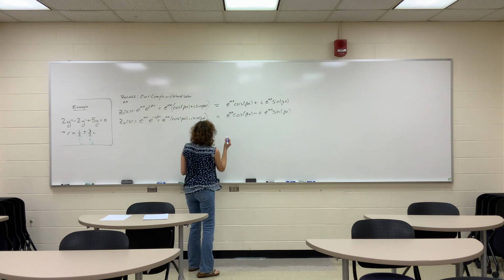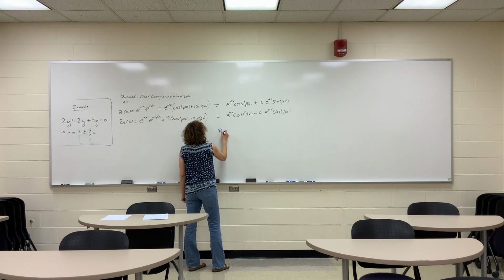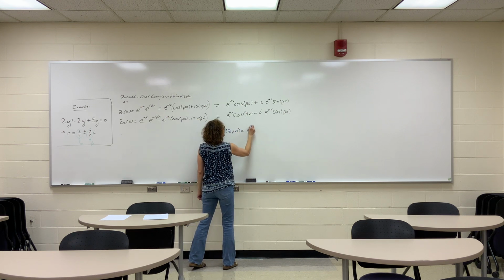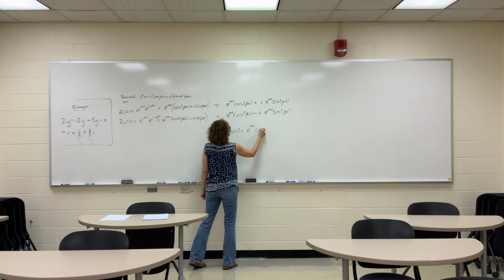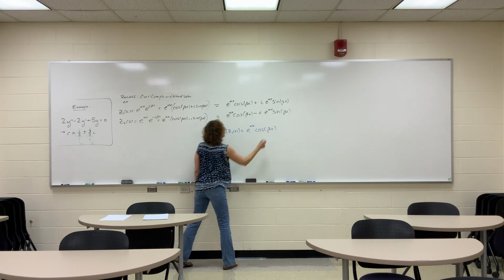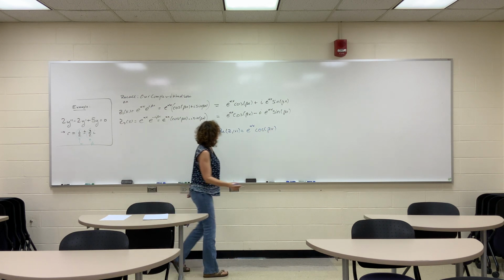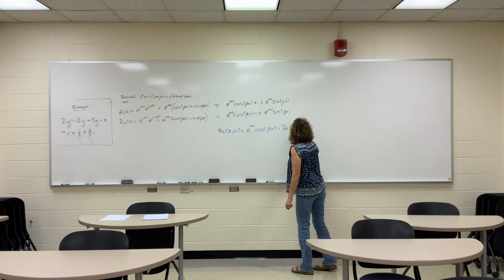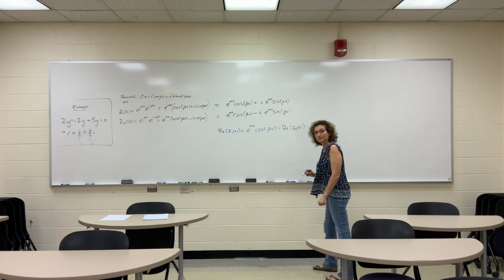Notice, the real part of z1 of x is e to the alpha x cosine beta x, and that's also the real part of z2 of x, right?